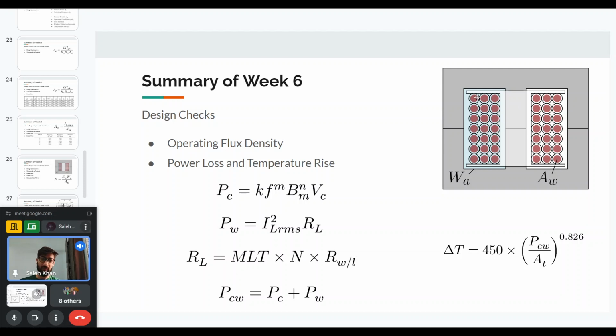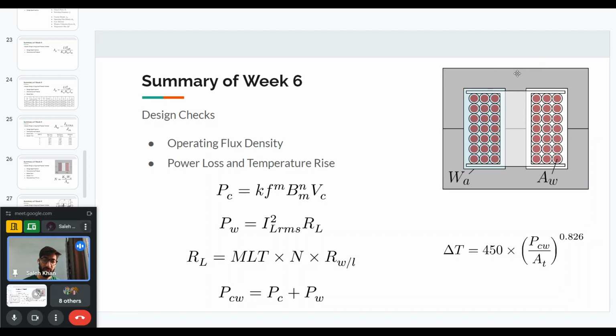So for example, if we have an arrangement that is shown here, the first layer of the winding will have a particular length of the turn. Because a turn, for example, if it starts from this point, it will go around the core limb and then it will come back.